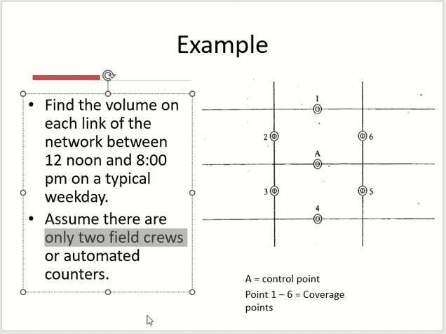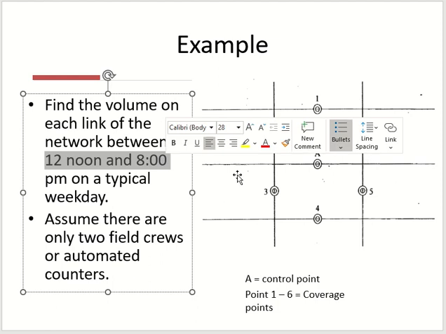Now, one of these teams or instruments will be on location A, because on location A I have to take full data. So one team or one instrument cannot leave location A, otherwise the data will not be full. The other team has to finish the other 6 coverage locations in the same time period.